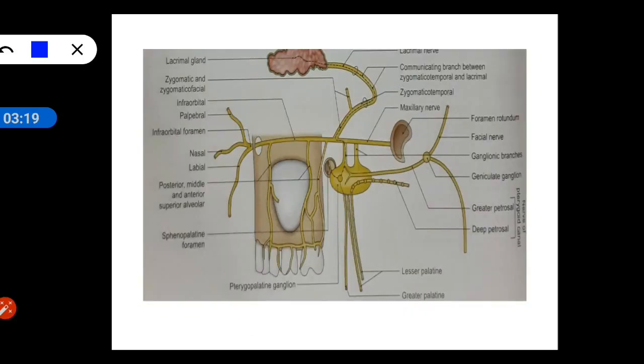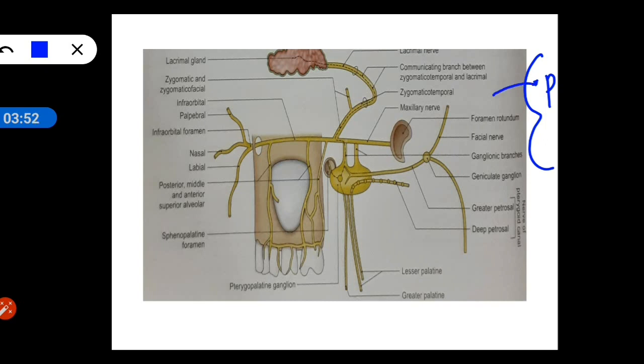Here we saw that the preganglionic secretomotor fibers came and relayed in the pterygopalatine ganglion. From here, the postganglionic fibers will reach the soft palate via the greater palatine and the lesser palatine nerves. So, a quick revision of how the secretomotor fibers reach the soft palate. We have the pons, and the superior salivatory nucleus through which the preganglionic secretomotor fibers come out.